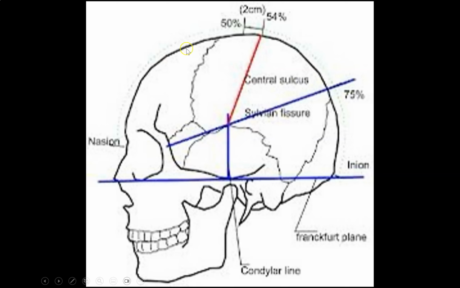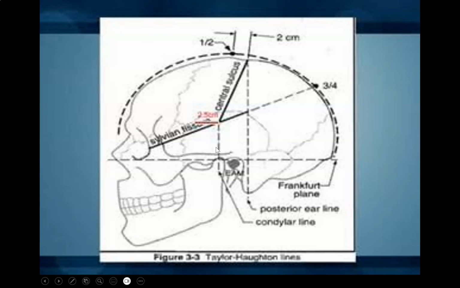You calculate the distance from the nasion to the inion, and half the distance, 50%, you go behind it by 2 centimeters. And you connect this point with the mid-zygomatic point. We have a line. The upper 2/3 of the line is the central sulcus. Lower third is nothing.